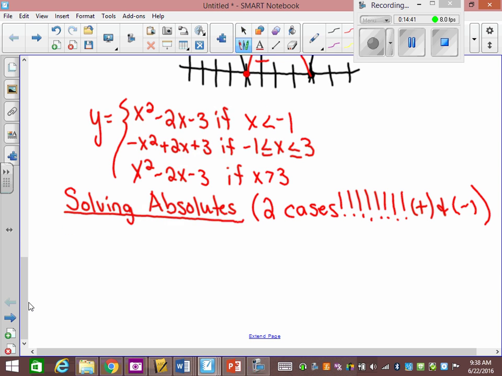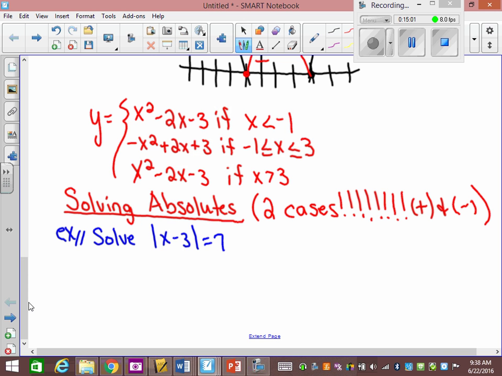So let's do the basic one first. Solve absolute value of x minus 3 equals 7.